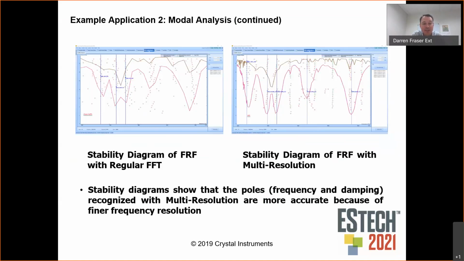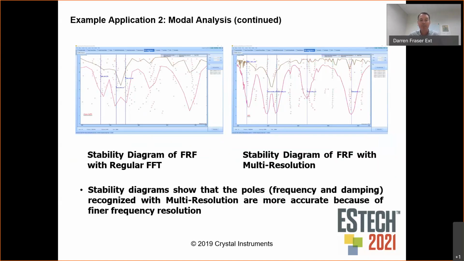You'll see off to the left-hand side, I have a stability diagram of an FRF with a regular FFT, and I have another one there with a multi-resolution FFT off to the right. What we're showing here is that the stability diagrams indicate that the frequency and damping, the poles, are better recognized and called out with multi-resolution than they are with just a regular FFT that's applying a larger frequency resolution and doesn't have as fine a resolution.